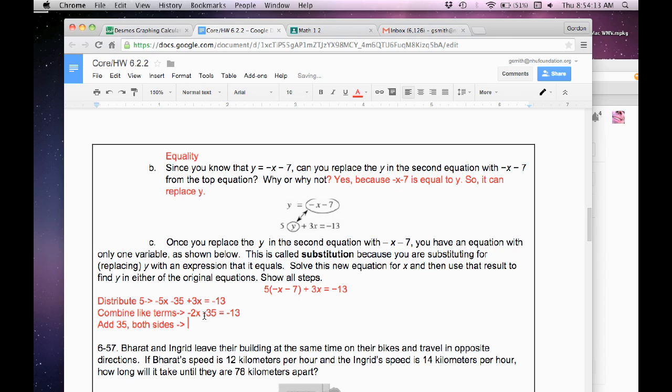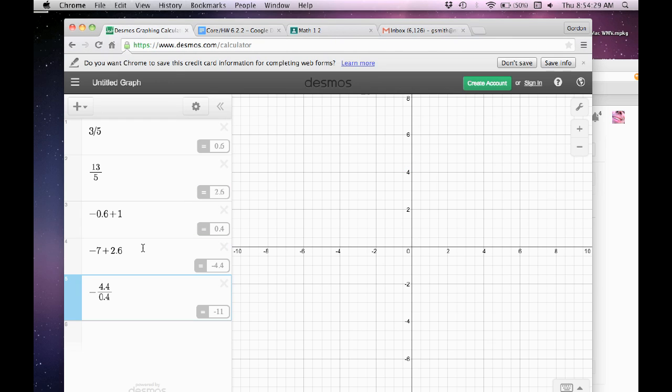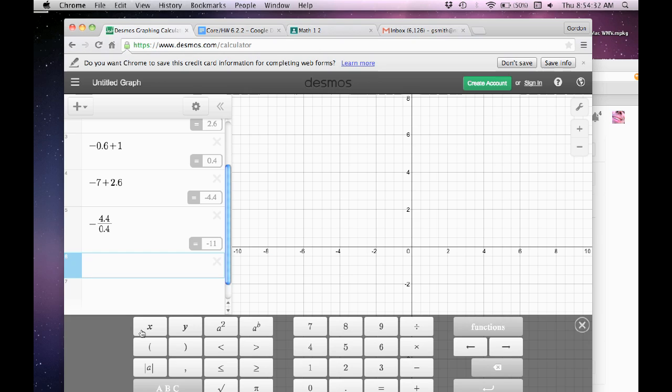And that will get us negative 2x is equal to, we're adding 35, so negative 13 plus 35. Negative 13 plus 35 should be 22. You can check it in decimals if you want. 22 is correct.